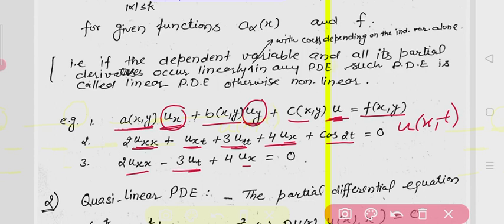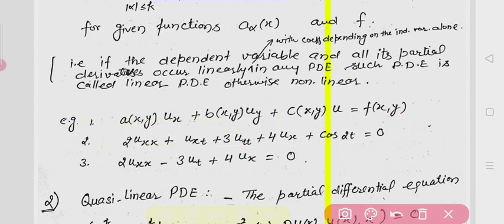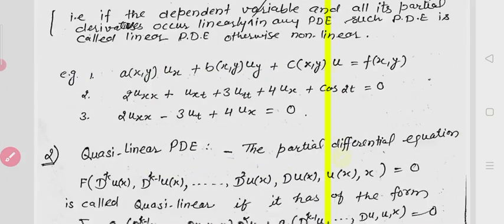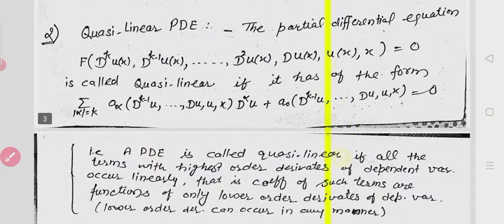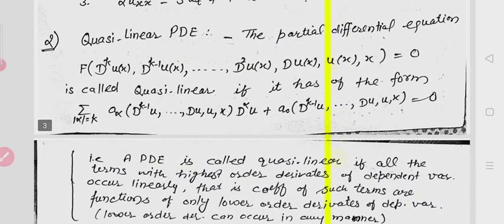Now if the given PDE is not linear, that will be non-linear, and non-linear is further divided into 3 parts you can say. Okay, so quasi-linear PDE.